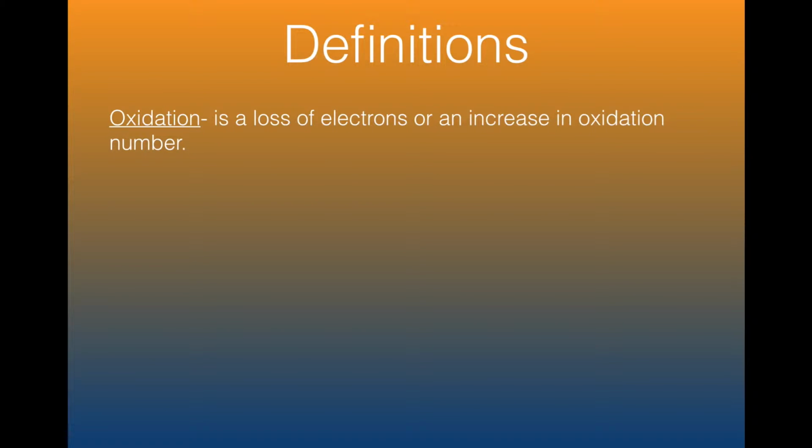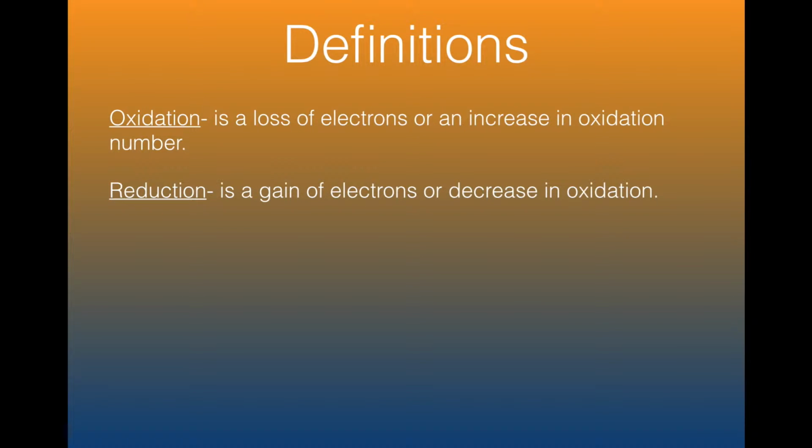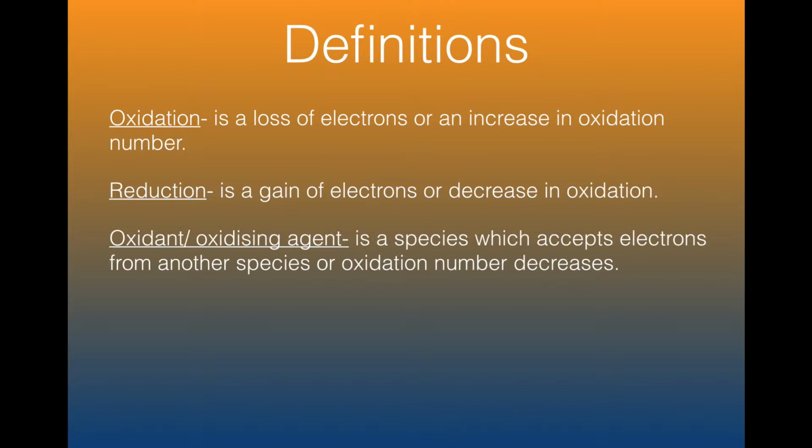Some definitions we need to learn are oxidation. We can define oxidation as a loss of electrons or an increase in oxidation number. We'll get to what an oxidation number is shortly. Reduction is the gain of electrons or decrease in oxidation number.